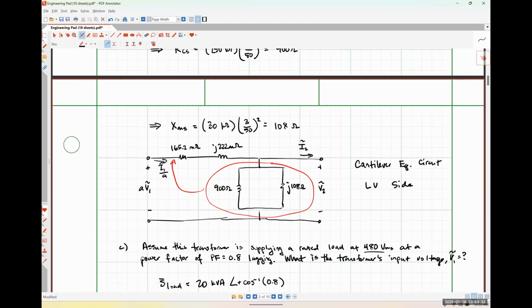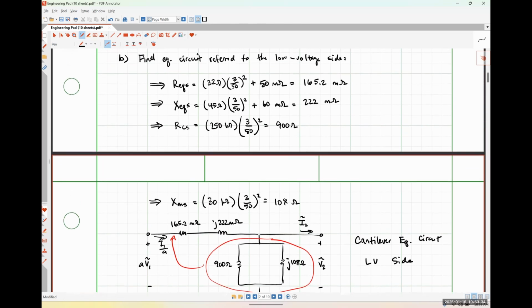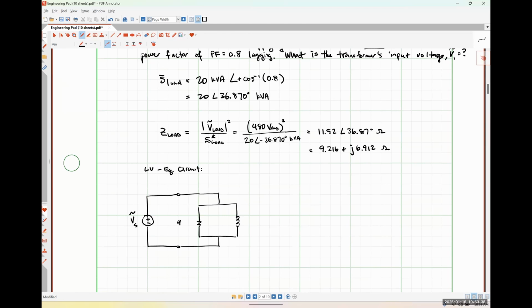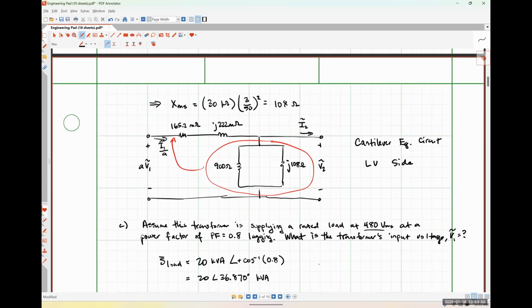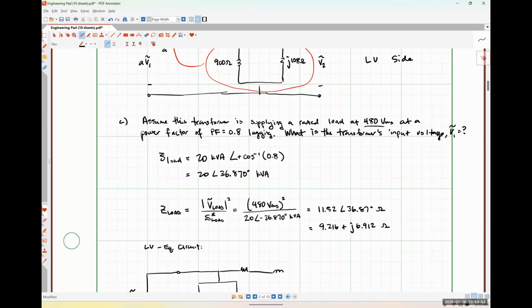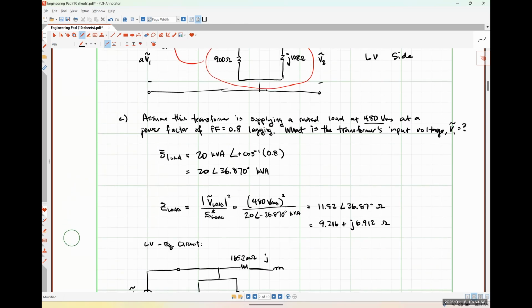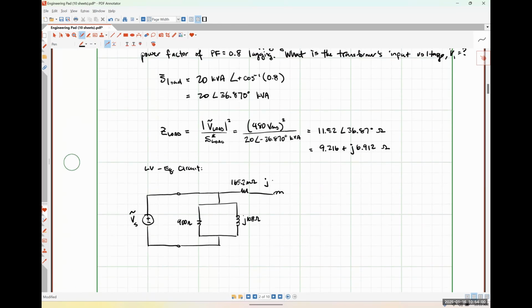Let me scroll back up here real quick. So this is 900, excuse me, this is 900 plus j108. This guy right here was 165.2 milliohms. This guy was j222 milliohms.